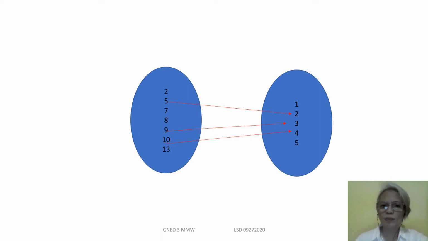This is the set X and this is the set Y, showing the ordered pairs (5, 2), (9, 3), and (13, 4).